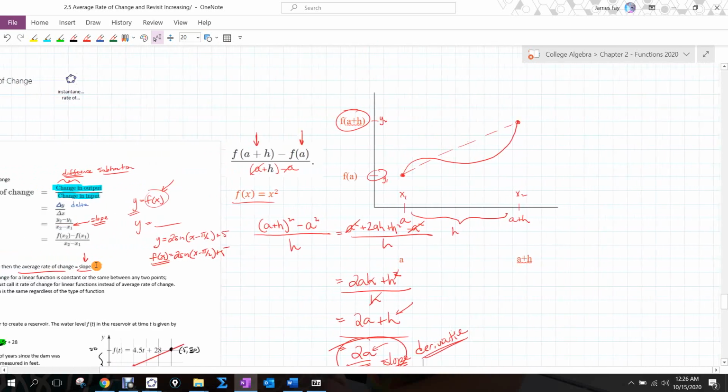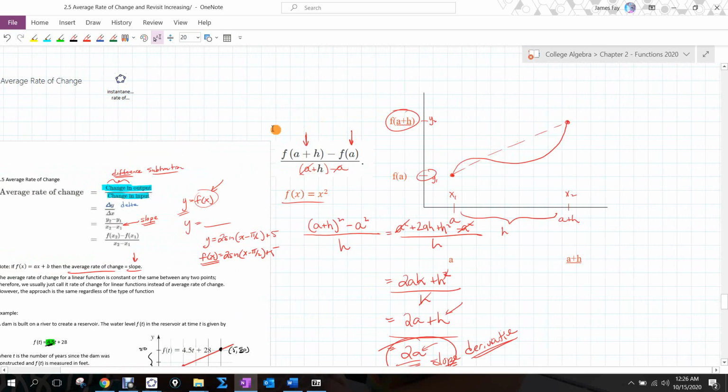But my purpose of discussing this is, one, I've got a couple questions in your homework that ask you to do this. It's just evaluating functions at a plus h and a, doing some algebra with them. But two, after we get through this course, you'll have a greater understanding of that preliminary algebra, and then when we get to calculus next year or whenever you take it, that first month and a half is all about using this formula, using derivatives and limits, or limits to find derivatives.